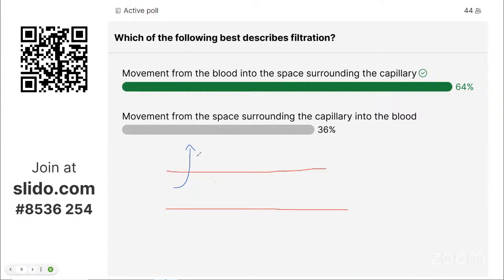And that direction is our filtration, versus how much do we have being absorbed, or sometimes we'll see it described as reabsorbed. For our purposes, the difference right now is not important. How much is coming towards the blood? So we're going to have that be our absorption direction.